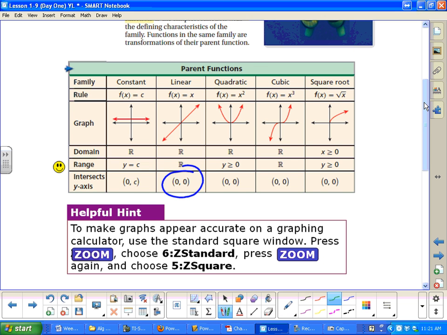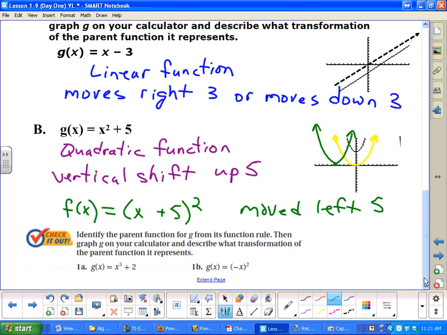To where if I have parentheses like this, and the exponent is on the outside of the parentheses, then that means it's a horizontal change. Okay? And the horizontal change is always the opposite of the sign you see. Because those changes are opposite things that happen. So horizontal moves different than what vertical does.